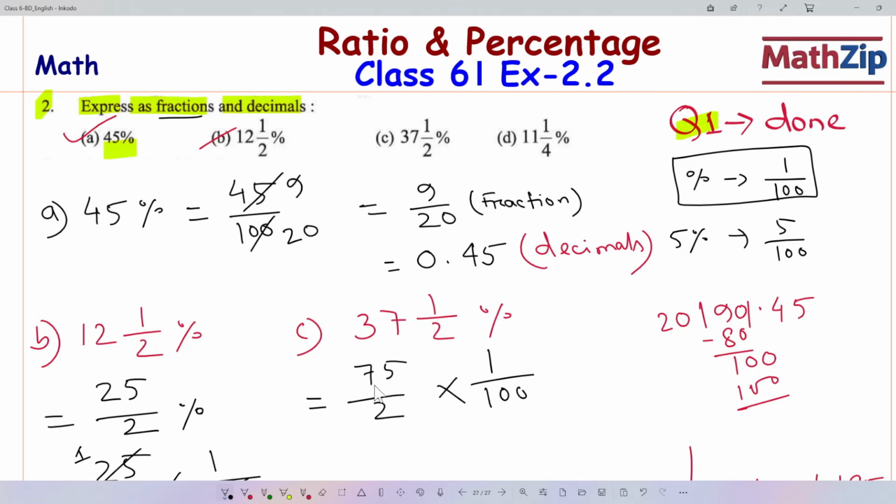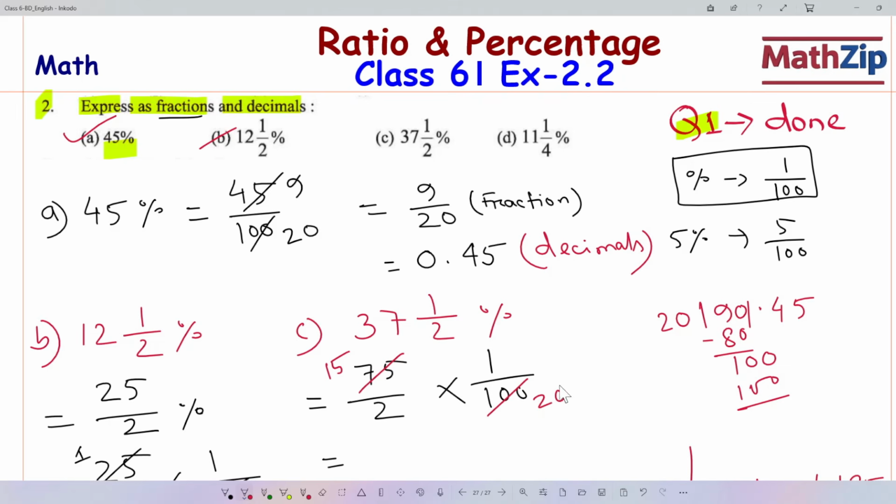Now this becomes a fraction. Now we can divide by 5. 75 divided by 5 is 15, and here is 20.